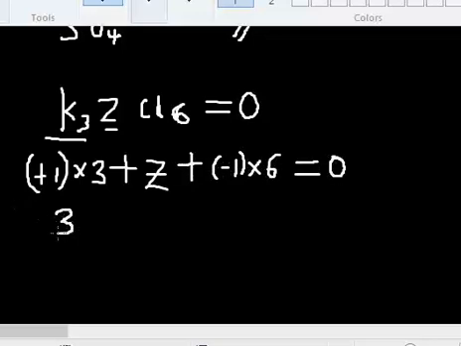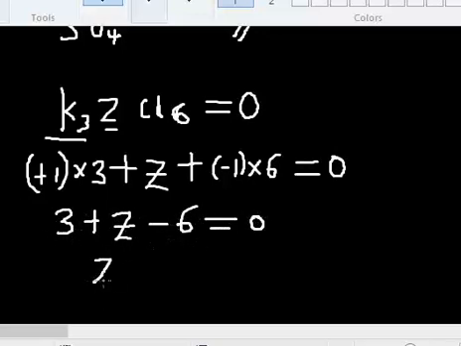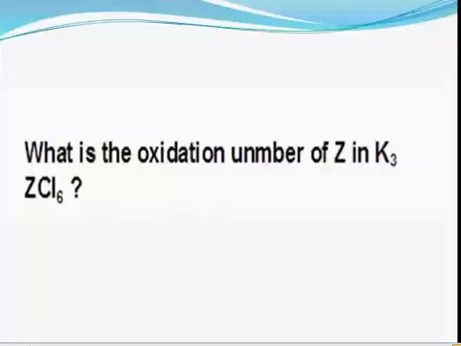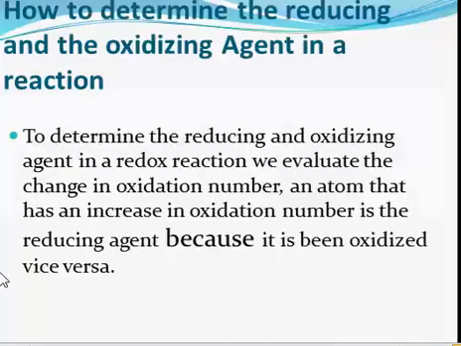This is 3 plus Z minus 6 equal to 0. 3 minus 6 is -3, so Z will not be -3, it is going to be +3. So +3 is my answer to that question.